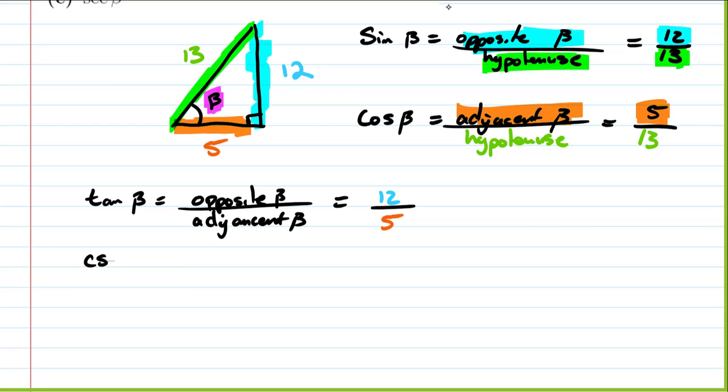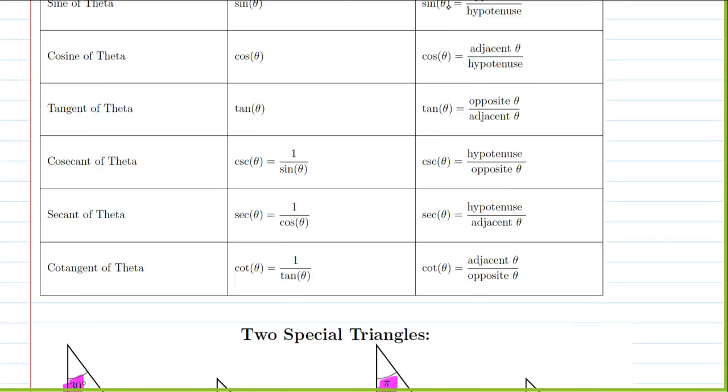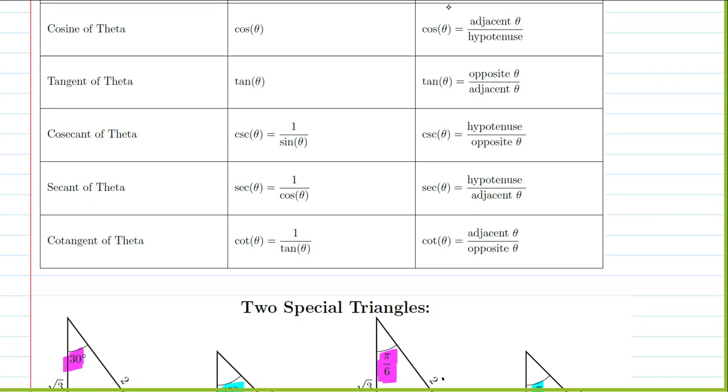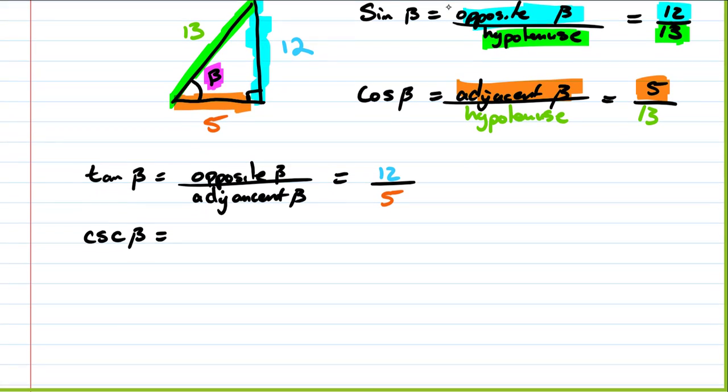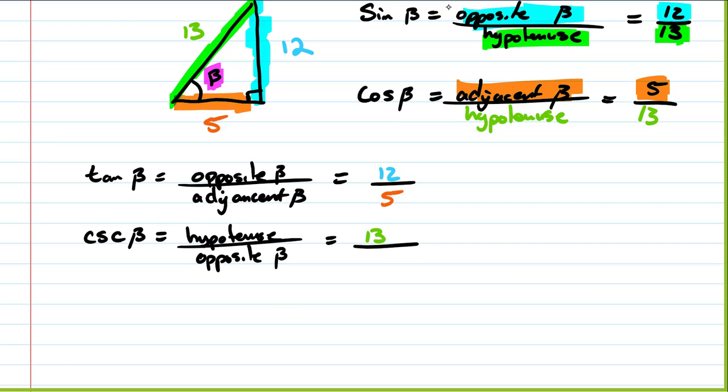Our next one is the cosecant of beta. So cosecant is 1 over sine, or hypotenuse over opposite. And our hypotenuse is 13, and our opposite is 12.